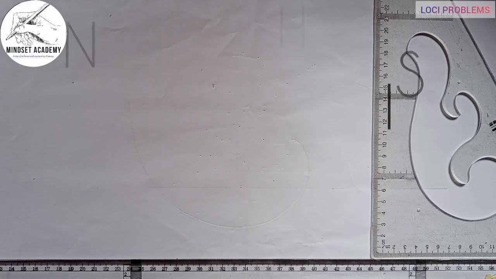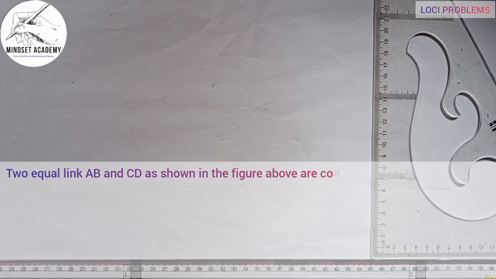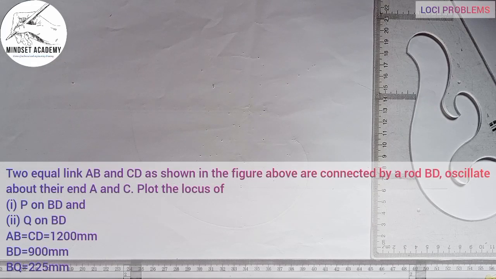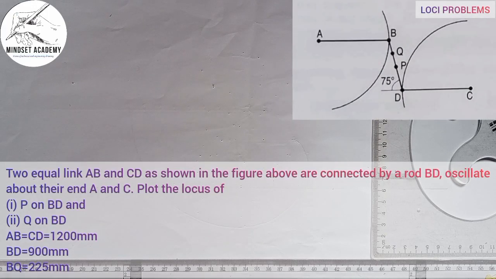And the question goes like this. It says, two equal links AB and CD, as shown in the figure above, are connected by a rod BD, and oscillate about their ends A and C. Plot the locus of, the first one, the midpoint P of BD, and the second one, the point Q on BD.